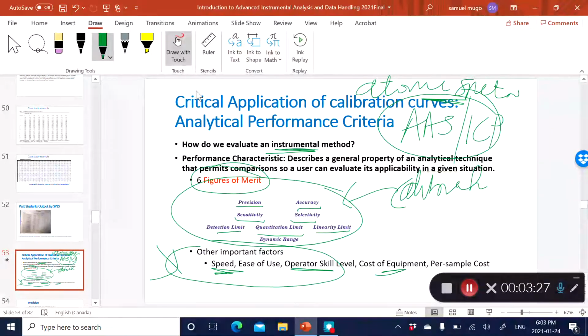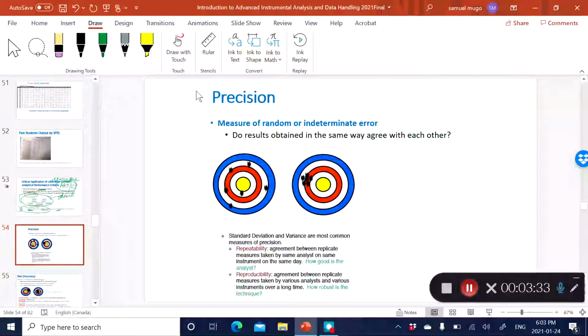But the focus of my lecture today is on the six key figures of merit that you should always pay close attention to. First, precision. Precision refers to a measurement of the random or indeterminate error that is present in your instrument.